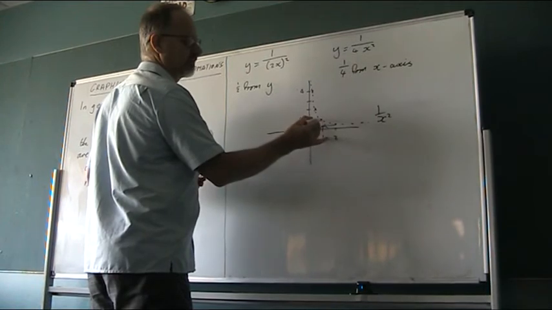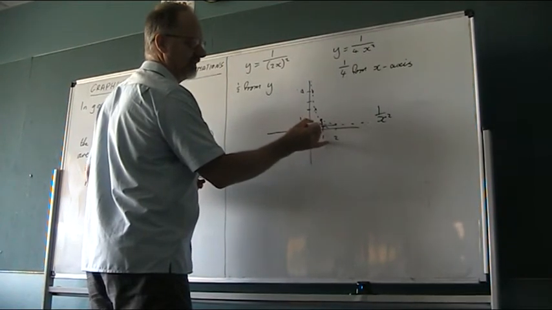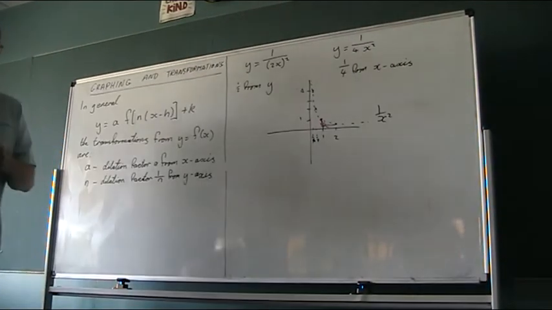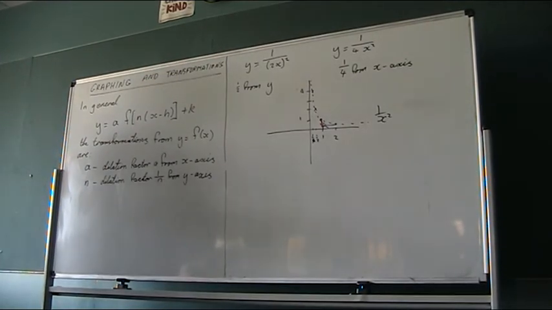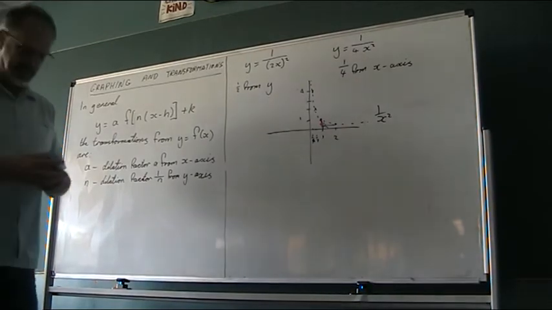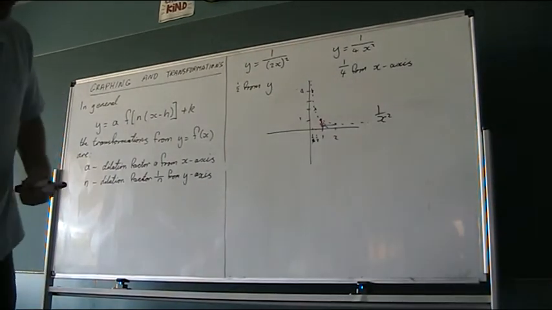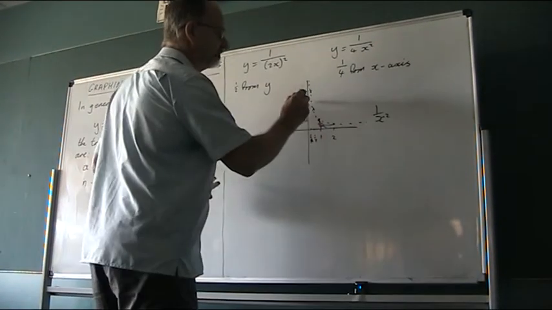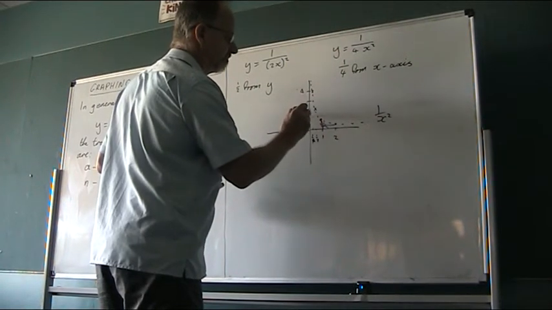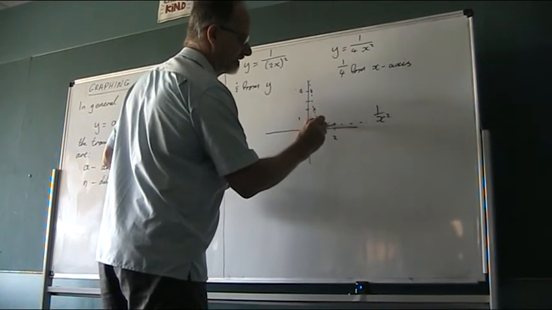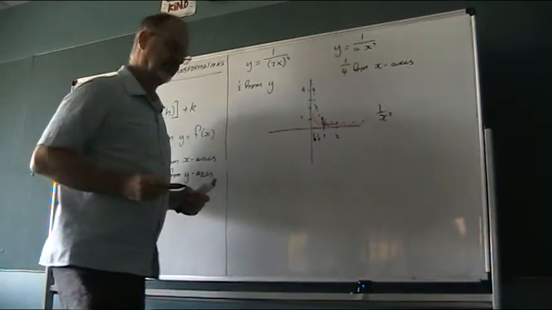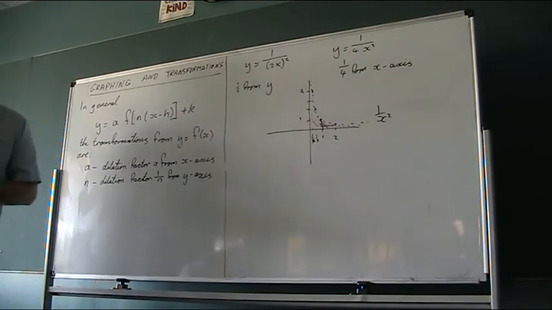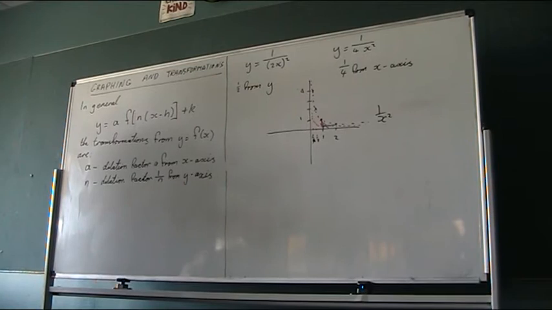So 1 squared is 1, and then 1/4, so that's bringing this one down to there. So for our truncus, we get the same result, so we get something that's like this. Alright, so it's the same result, just described in a different way.